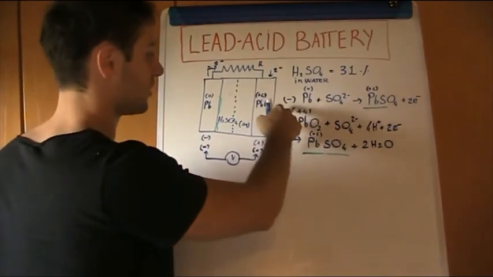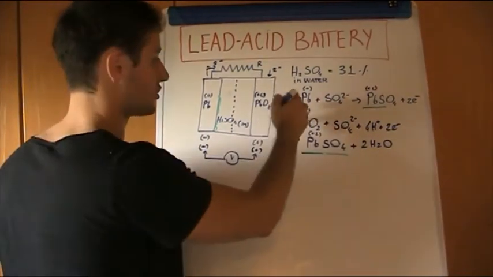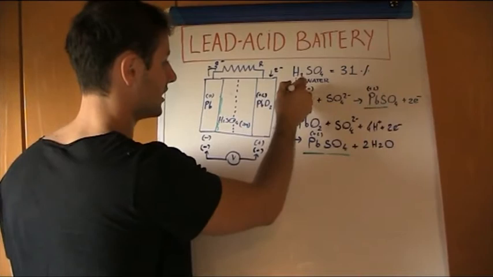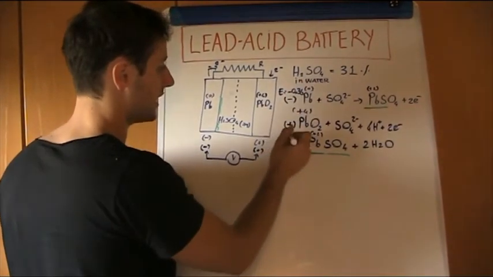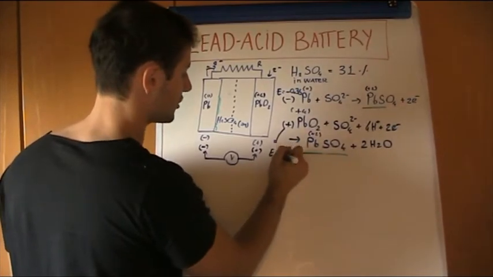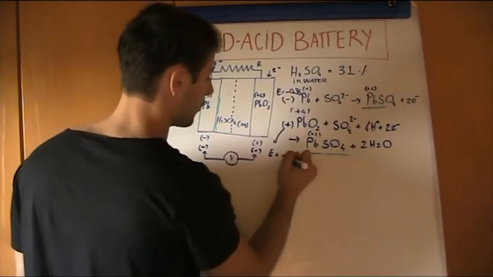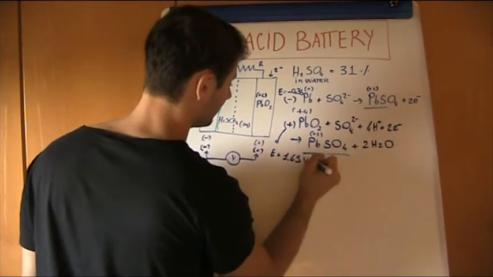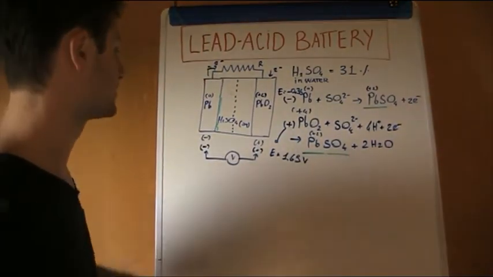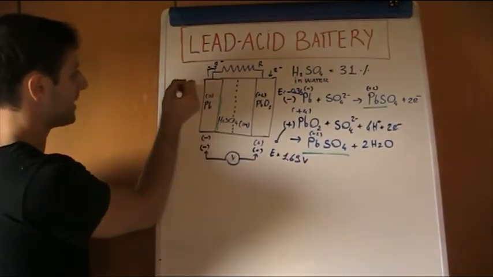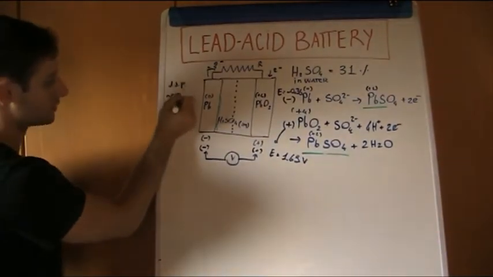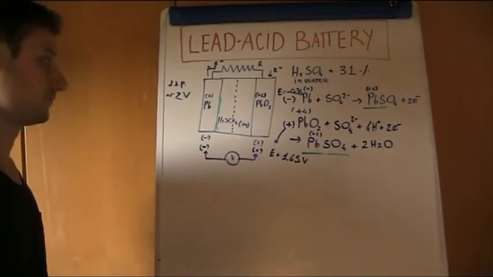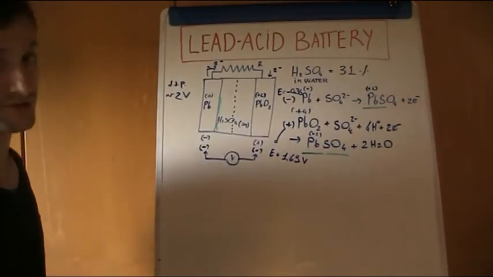We know that in this condition, for instance, the potential of this semi-reaction is around minus 0.36 volts, and the potential of this reaction is around 1.69 volts, with a total d.d.p of the battery in open circuit conditions that is close to 2 volts. So quite high power basically.